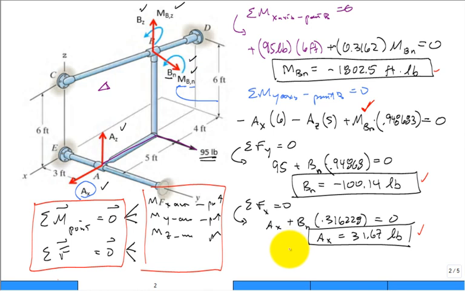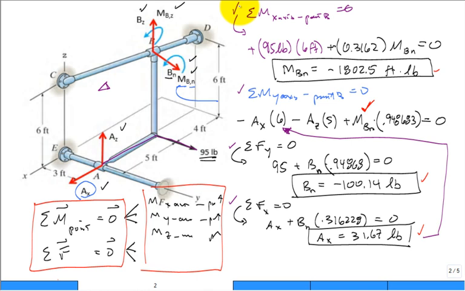At this point, we just solved for AX, right? Because we just solved for AX, I can plug it into that equation and solve for AZ. I used the force equation, moment around this axis, moment about that axis.